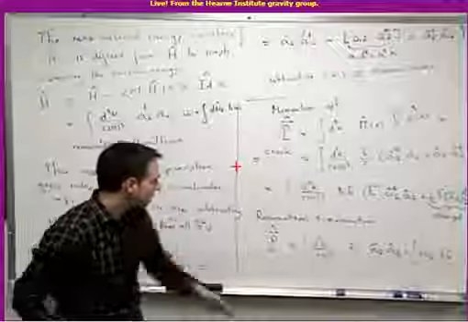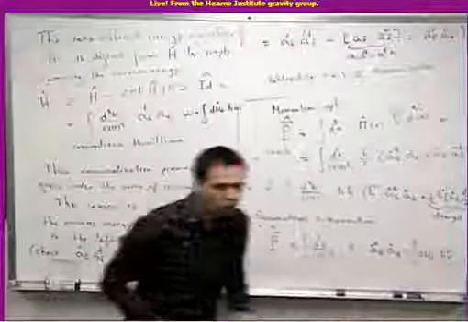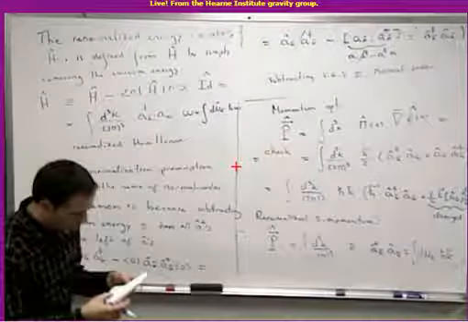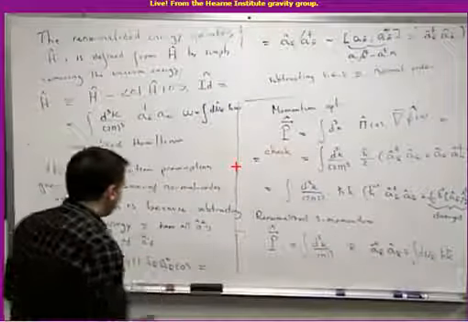So this just counts the number of quanta and gives a momentum h bar k to each of them, as we can expect.